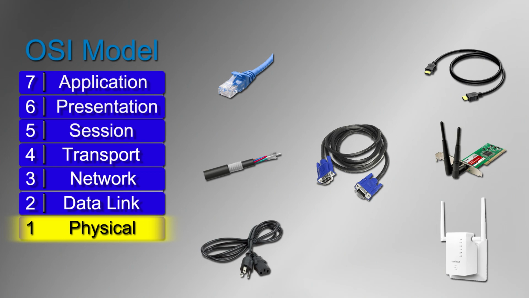Questions you might ask yourself: is my Ethernet cable plugged in or damaged? Is my monitor plugged in and turned on? The physical layer of the OSI model transfers data, or bits, from the sending device or source over the network to the receiving device or destination. Once the physical layer has completed its job, it passes the data to the data link layer.